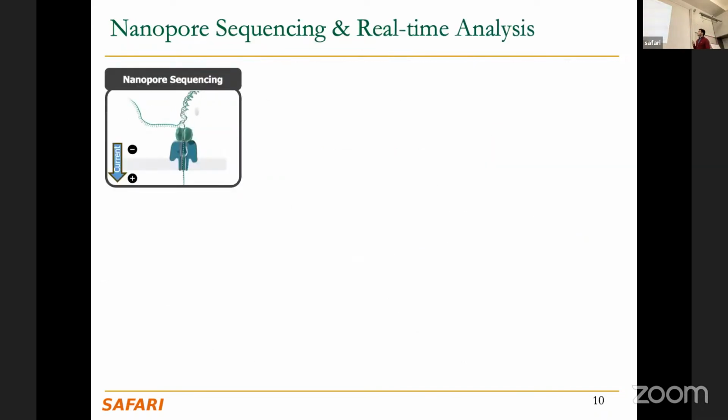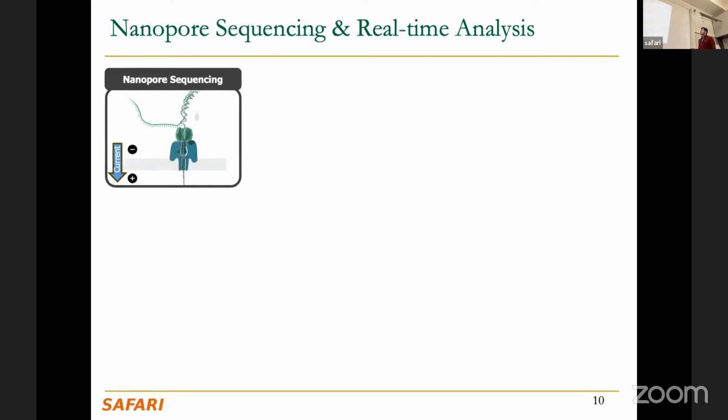So let's see what real-time analysis is and how Nanopore sequencing works. On the left, you can assume a 3-layer solution: the top layer, a middle layer membrane, and the bottom layer. The top layer is negatively charged, and the bottom layer is positively charged. In the membrane we have a tiny pore that we call a nanopore, and on top of it there is a motor protein.